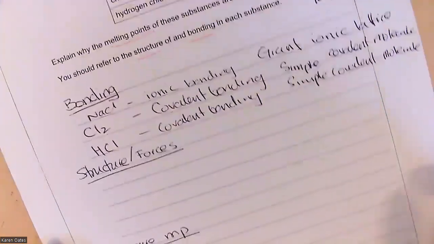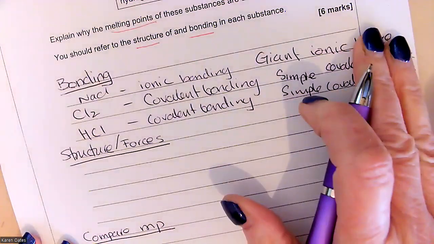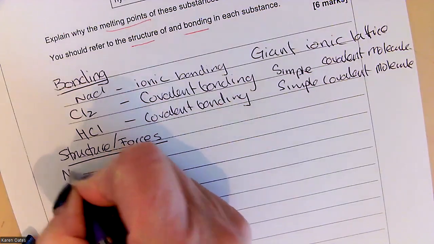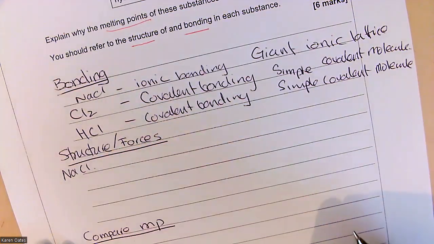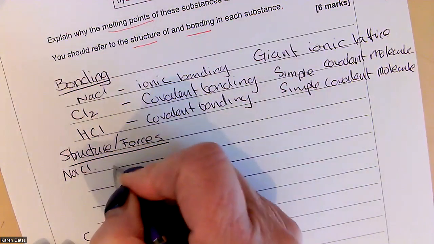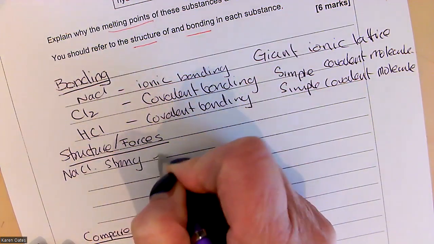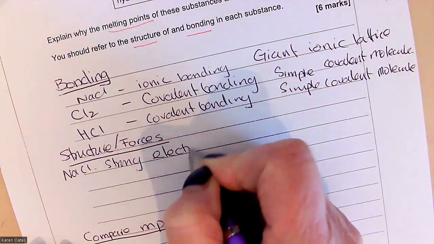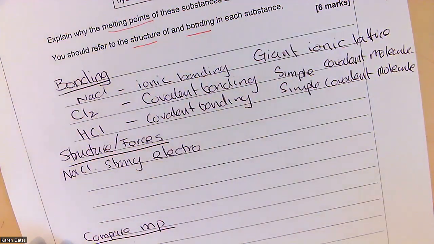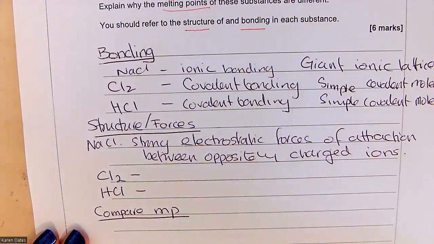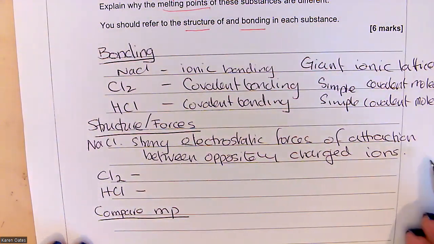So what can we say about the structure itself? Well, we know the sodium chloride is a giant ionic structure, but how is it giant ionic? So you've got strong electrostatic forces of attraction between oppositely charged ions. Okay, so I've written that in.